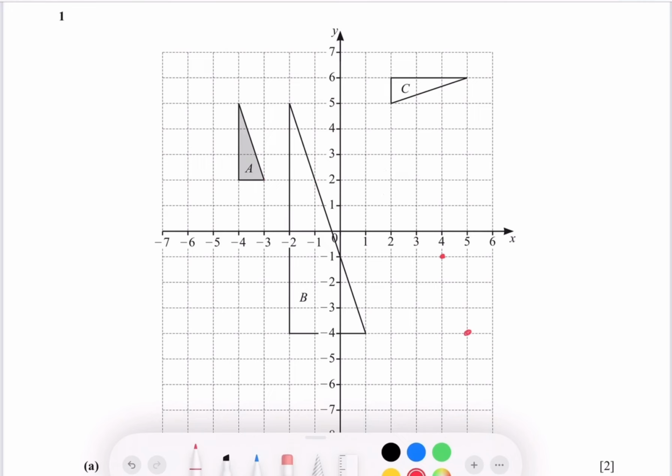Now the third vertex of the triangle A, so our triangle is completed, it has been translated.